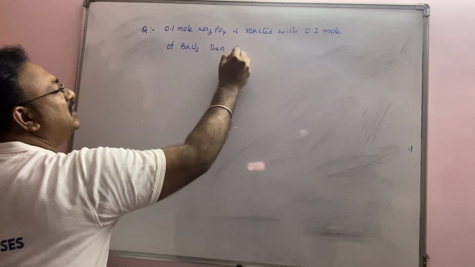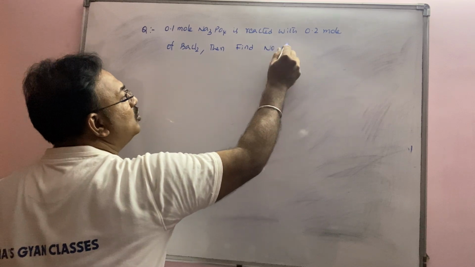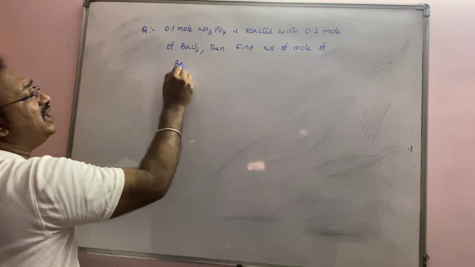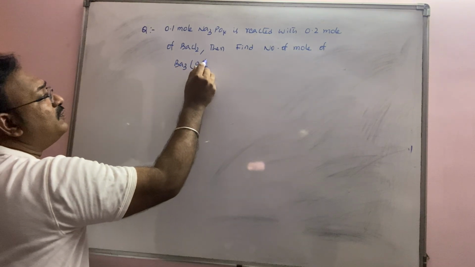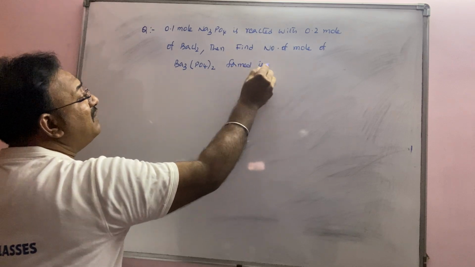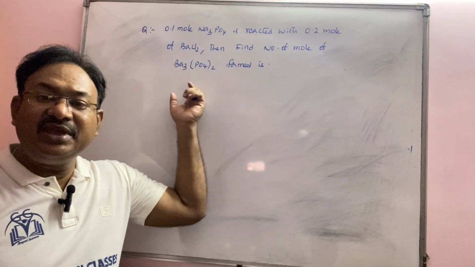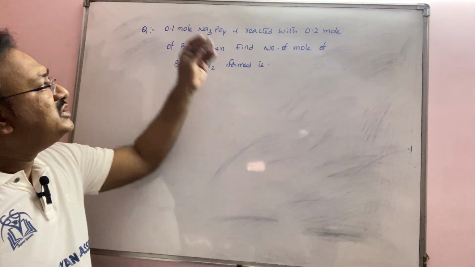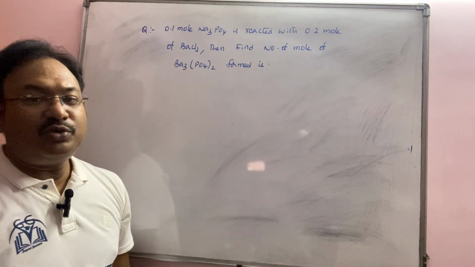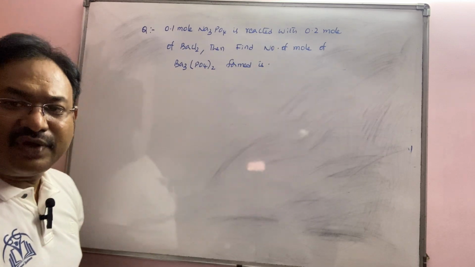Then find the number of moles of barium phosphate formed, Ba3(PO4)2. I have given the formula here, but in the question it can also come in words: barium phosphate, Ba3(PO4)2. So 0.1 mole sodium phosphate is reacted with 0.2 mole of barium chloride. Then find the number of moles of barium phosphate formed.